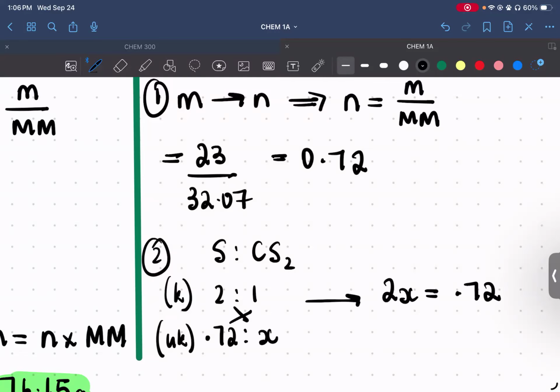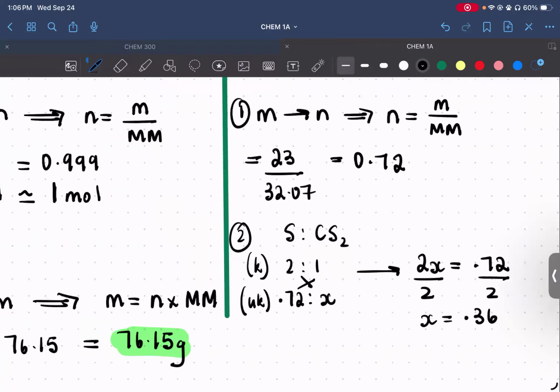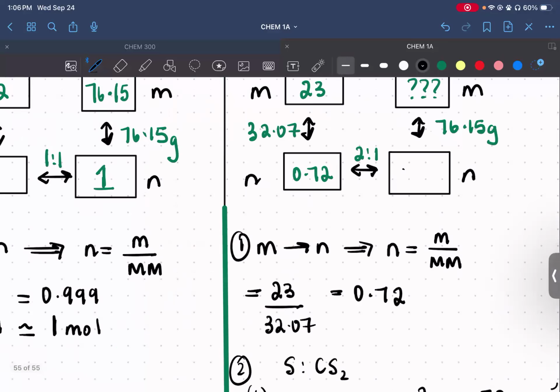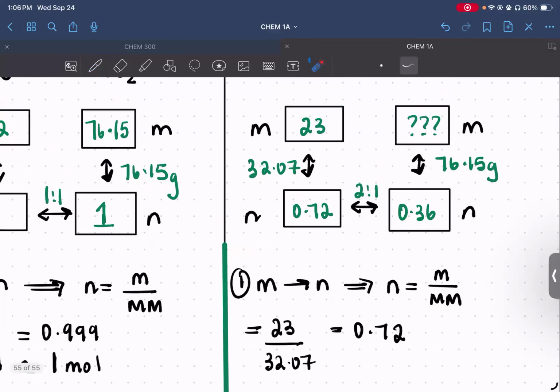Anything times 1 is itself. Dividing both sides by 2, we get x is equal to 0.36. We can now put this into our flow chart. That way we can just keep track of things. And we can clearly see the next step is from moles to mass.